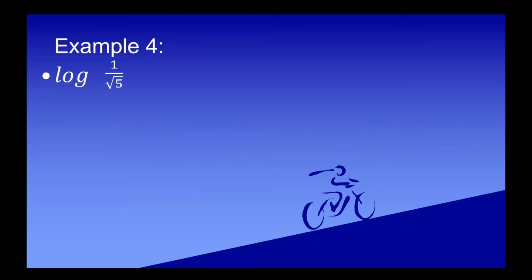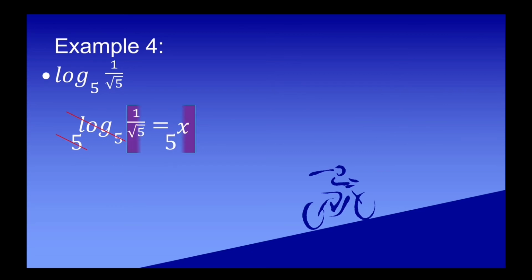For example number 4, logarithm of 1 over square root of 5 with base of 5. To evaluate the logarithm of 1 over square root of 5 with a base of 5, we let this equal to x. Then we're using 5 to exponentiate both sides.